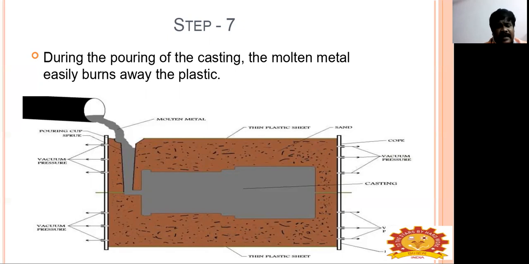Due to the lack of binders and other agents in the sand, the sand mold will contain no water, so moisture-related metal casting defects can be eliminated.